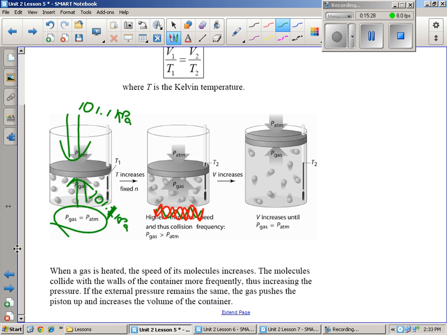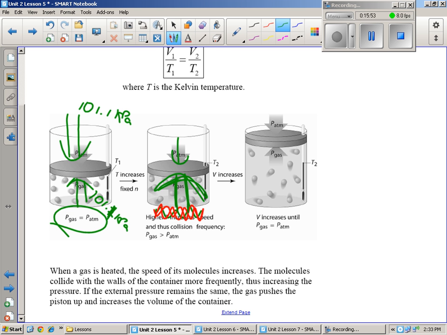What happens to the gas molecules down here? They start going crazy, right? They start speeding up. They're going quicker, quicker, quicker. There's more collisions. More collisions equals more pressure, right? How much pressure? I don't know. Maybe it gets up to 200, maybe 300, maybe it's 150. But there's more pressure down there.